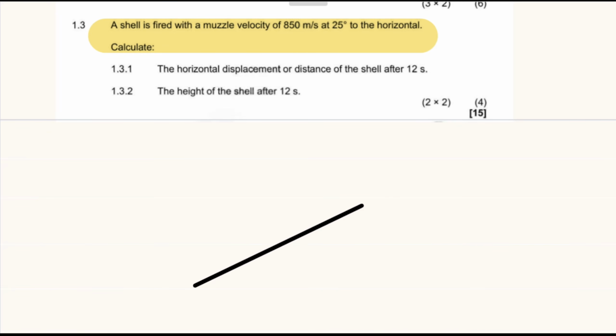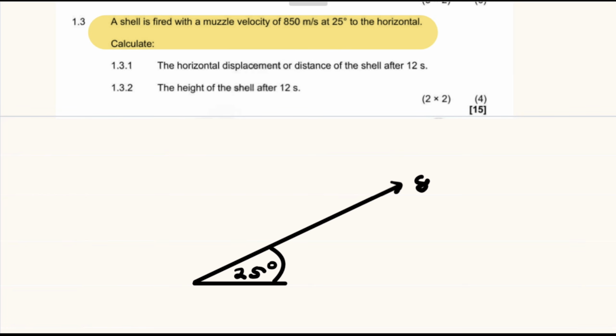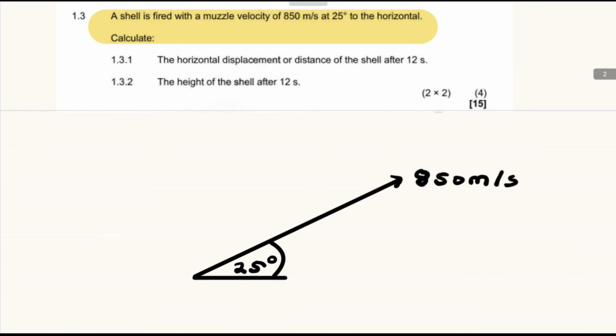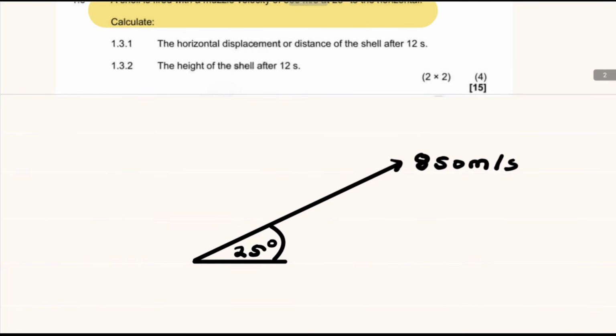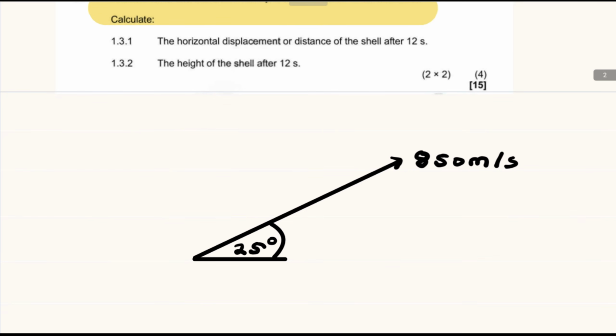So if that is the shell that is fired at that angle of 25 degrees and it's fired at 850 meters per second, this meters per second is at an angle, but we want the horizontal displacement. So we have to resolve this 850 into its horizontal component.